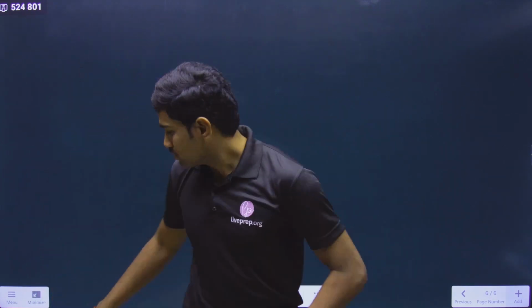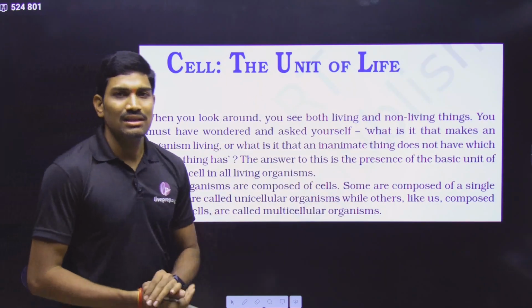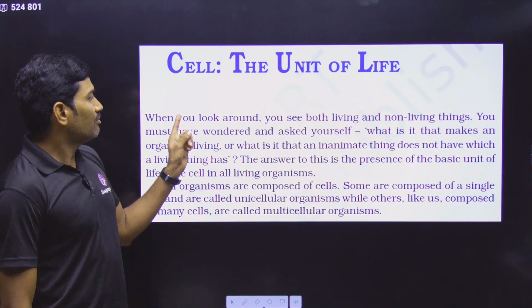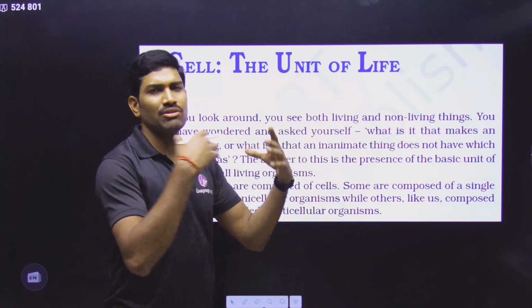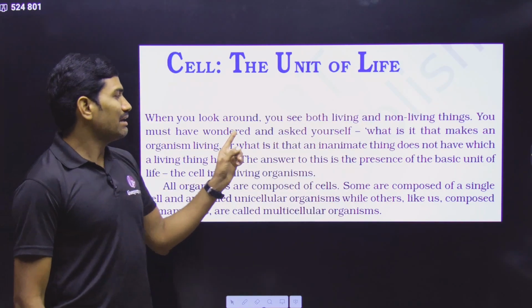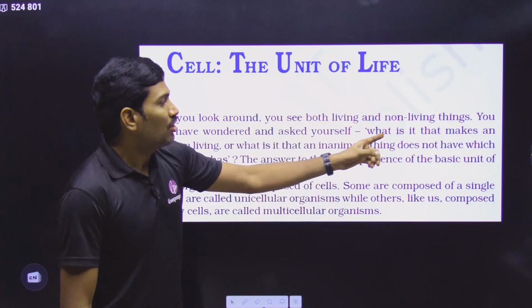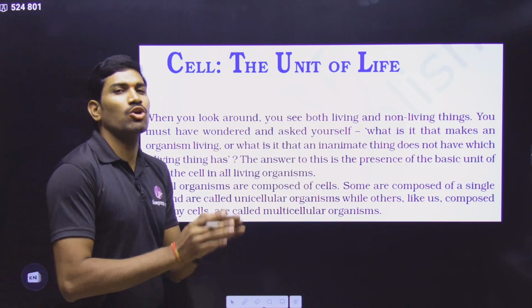Okay, let us quickly go through that particular content and then we will proceed further. So here, cell, the unit of life. Here they are saying that when you look around, you see both living and non-living things. So in our surroundings, we are observing many living and non-living things around us. So you must have wondered and asked yourself, what is it that makes an organism living? So why are some organisms called living?